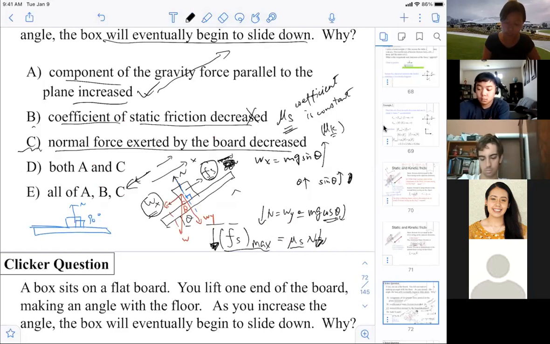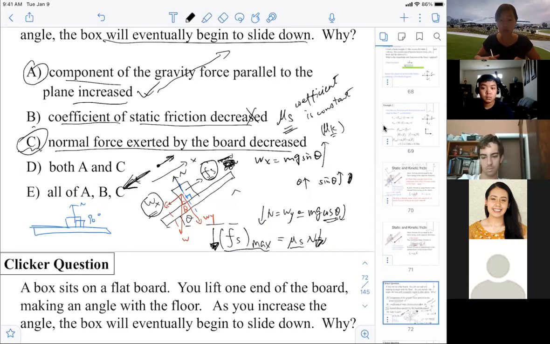These two variables both contribute. The force going down increases, and the maximum amount of force you can provide going up decreases. So at the same time, both of these contribute to explain the same phenomenon. So actually both A and C are correct. We choose D in this case. Here I'm not saying static friction decreases.